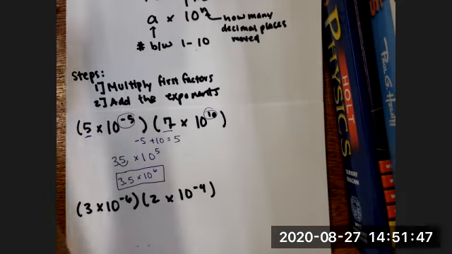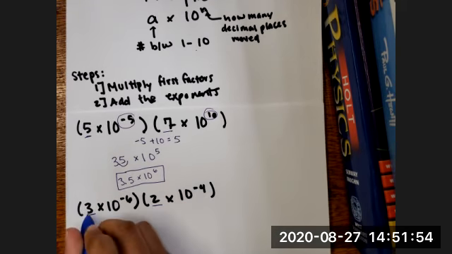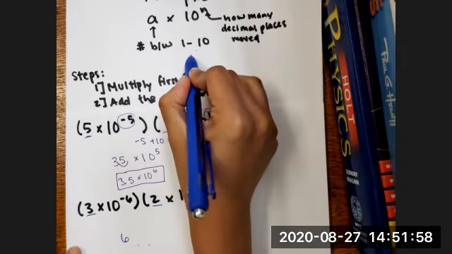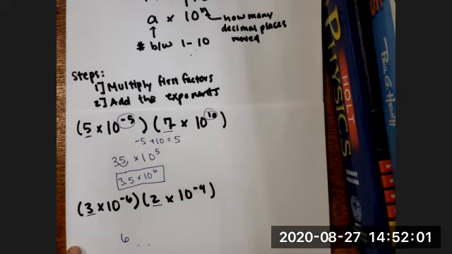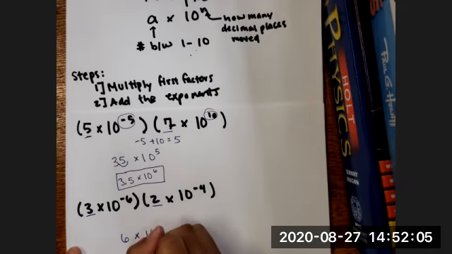Once again, first I multiply my first factors. 3 times 2 is 6. That's a number between 1 and 10, so I don't have to do anything for A. I drop the multiplication symbol and I drop my base 10.